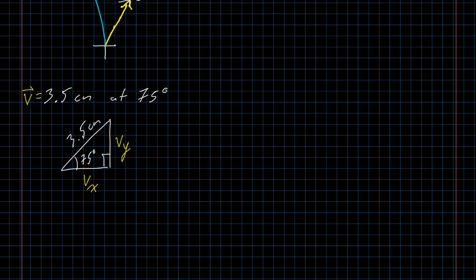Right. Trigonometry. If I take Vx over the hypotenuse, 3.5 centimeters, that is the adjacent side of the triangle divided by the hypotenuse, and the relationship between adjacent and hypotenuse is cosine of the angle.